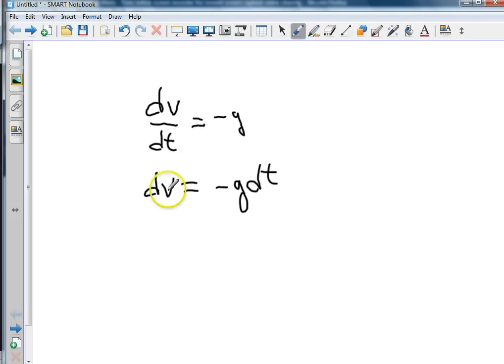So how do you get rid of the d? Well, this is just a derivative, right? So integrate both sides. You get these cancel, and you get what? What do you think you get over here? What's the antiderivative of a constant dt? The t, right? I'm going to say the constant, which is negative g, times t.